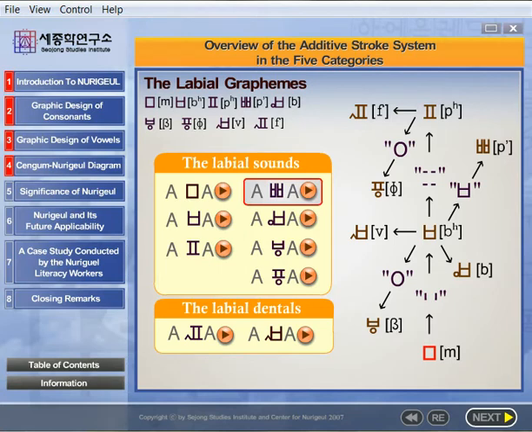A, Va. A, Pa. And the 2 labial dentals. A, Fa. A, Va.